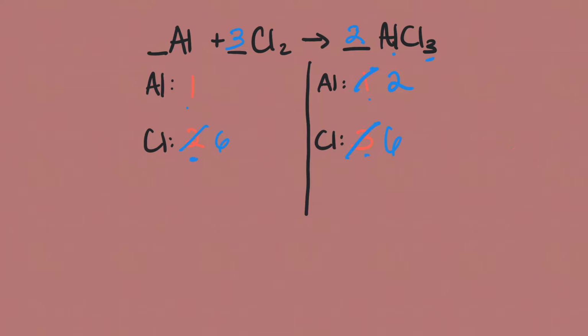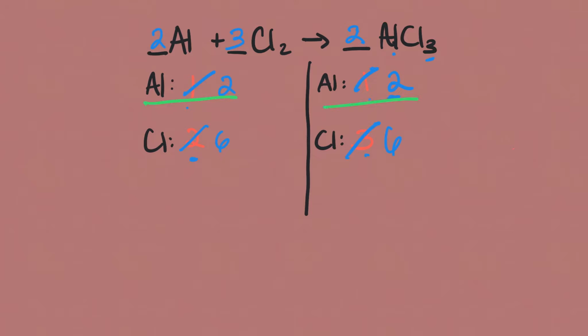We could probably go back and change the aluminum on the other side. So when we're looking at the other side, I have 1 aluminum here. Since there's 2 here, I want 2 on the reactant side as well. So I could place a 2 here, and now I recount this, I have 2 aluminums. Now, if we look, do we have the same number of each of the elements? Yes.